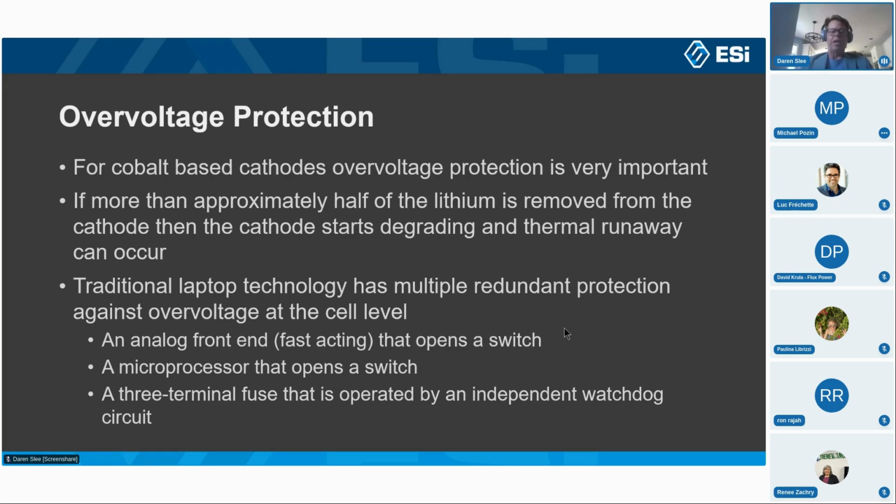A traditional laptop technology is pretty much the most advanced battery management system, where you have multiple redundant protections against overcharge. You have the charger, which, when working with the number of cells in series, cannot get the cells, if balanced, over a certain voltage.